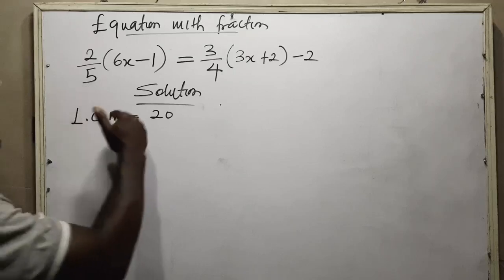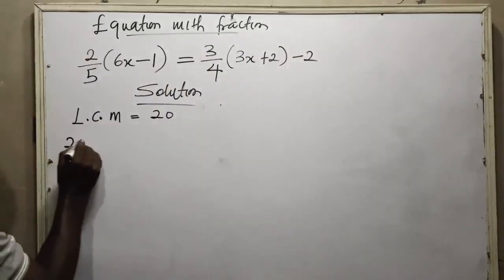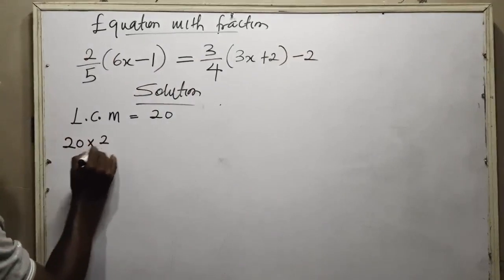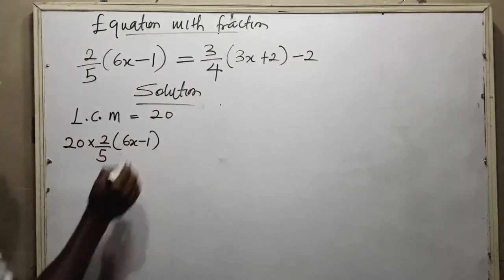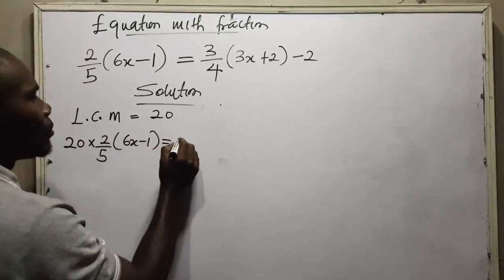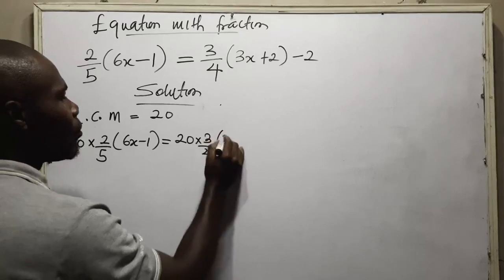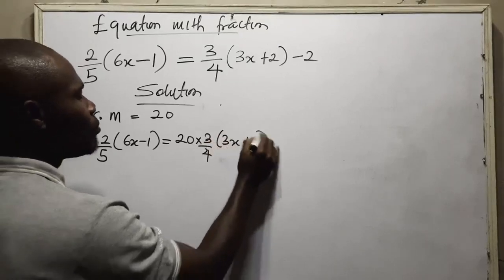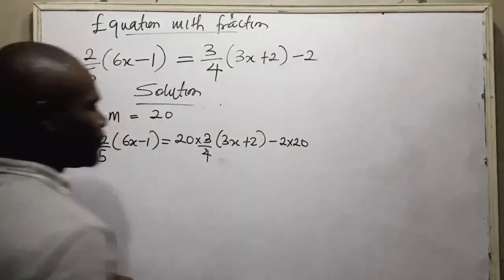So, in turning this to a linear equation, you now say 20 times 2/5 bracket open 6x minus 1 is equal to 20 times 3/4 onto 3x plus 2, minus 2 times 20.